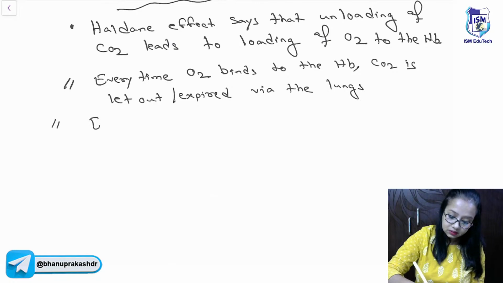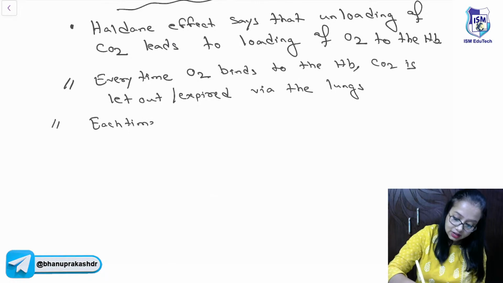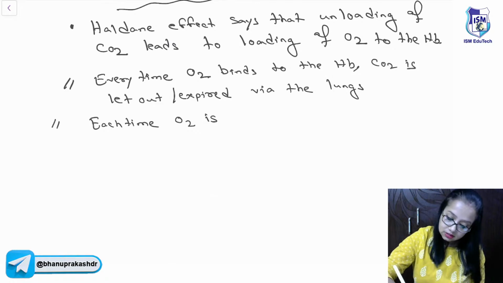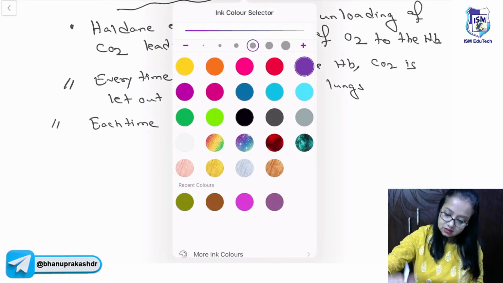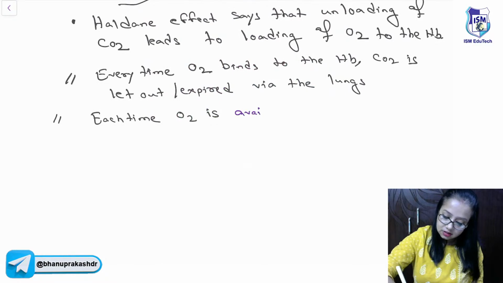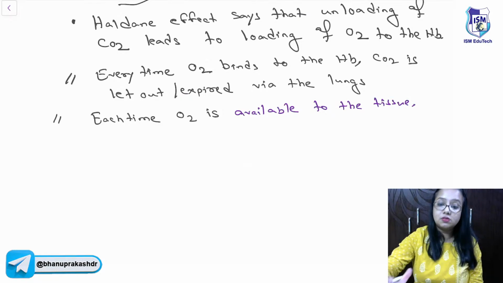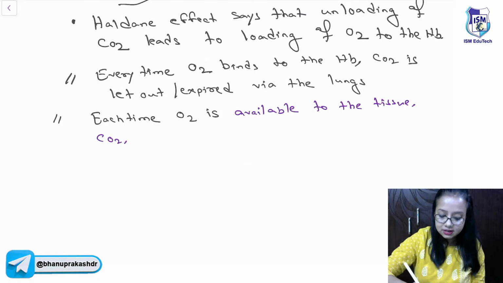And each time oxygen is let out, or rather oxygen is available to the tissue, meaning the oxygen comes out of the hemoglobin and is available to the tissue, carbon dioxide binds to the hemoglobin.